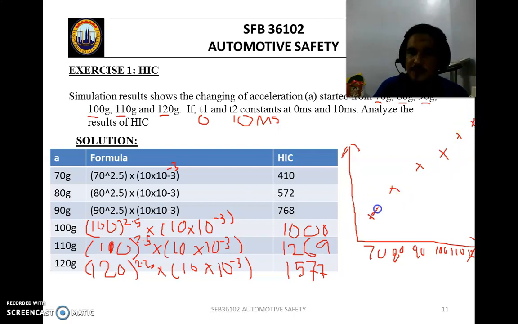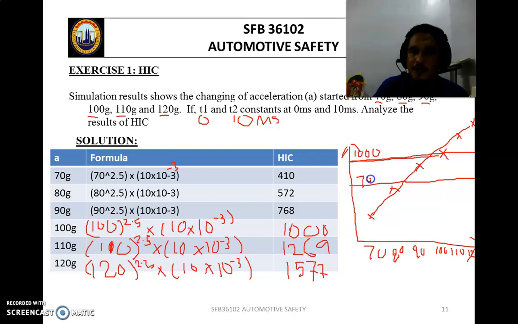This is our graph of acceleration versus HIC for the time difference of 10 milliseconds. So what can we conclude here? The first one is about 700, and here is about 1000.